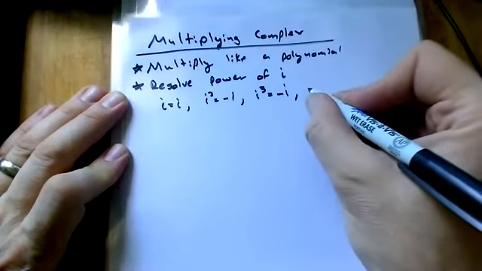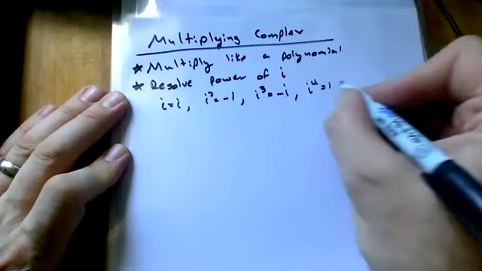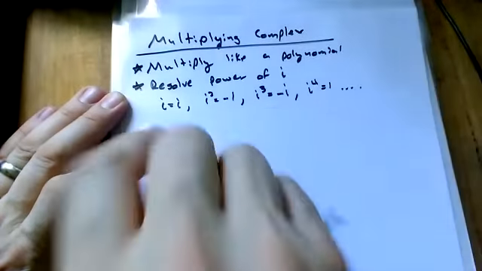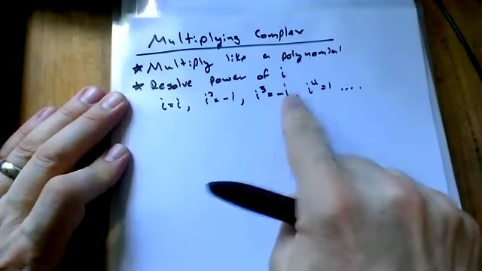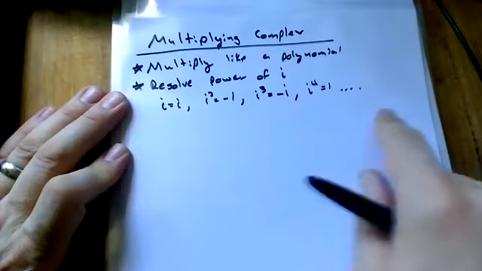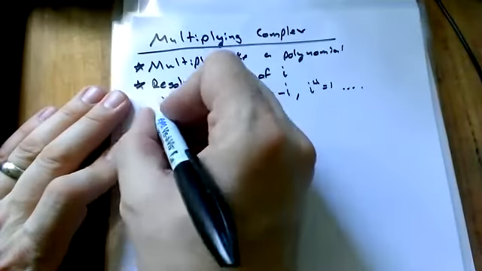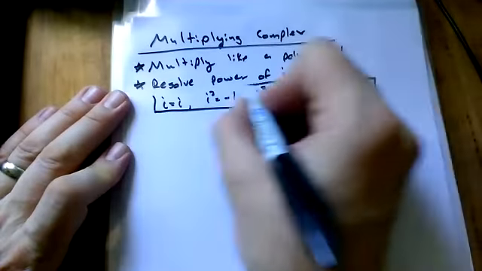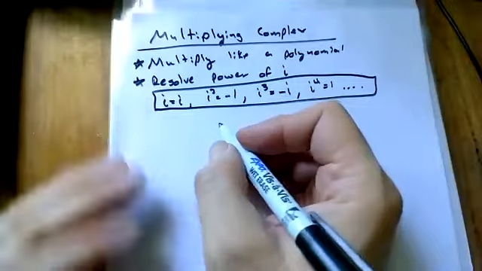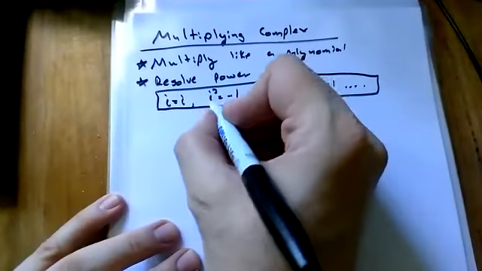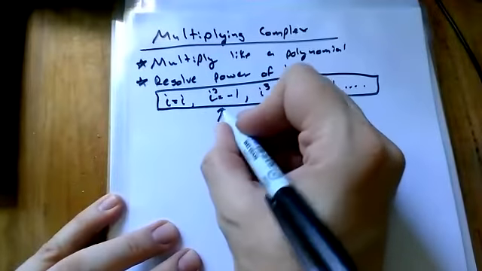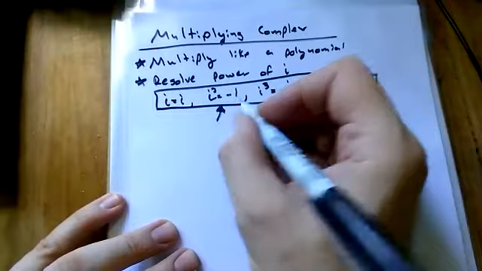And that i to the 4th is 1. And that pattern just repeats: i, negative 1, negative i, 1. So what we were doing in that last video. Most of the time, we're just going to end up using probably just this fact for most of what we're going to do.